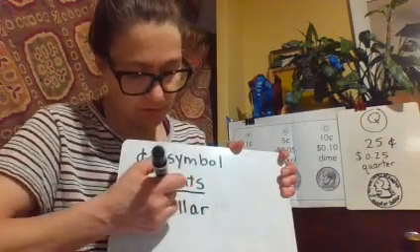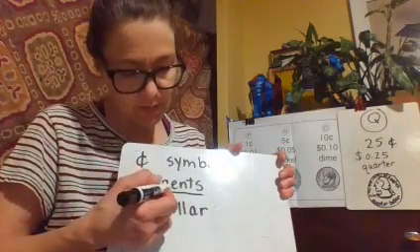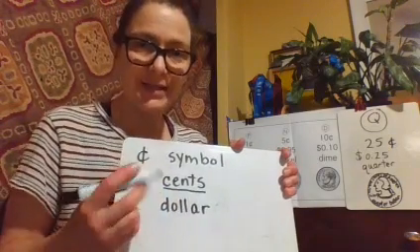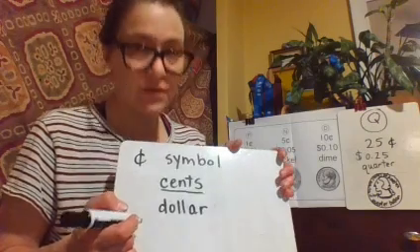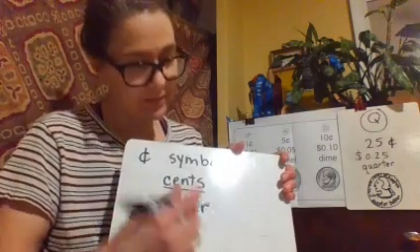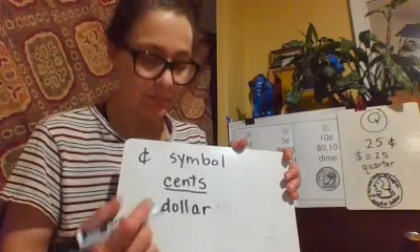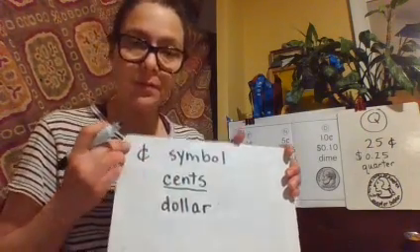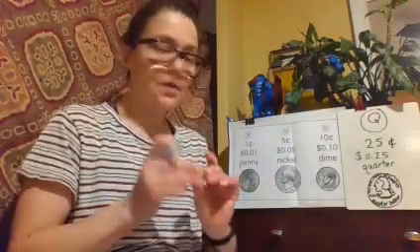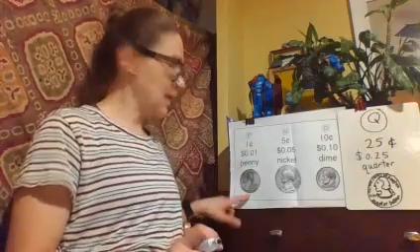And here's the word cents. And it's the C with the E after it, so it makes the S sound. Cents. Okay, it also has a homophone, sense, like your senses. Okay, so one more time, cents, symbol. So the value of the penny, the dark one, is 1 cent.